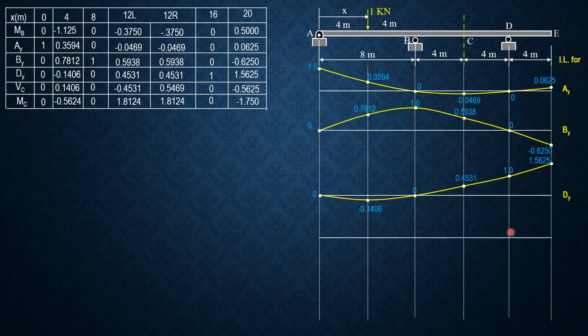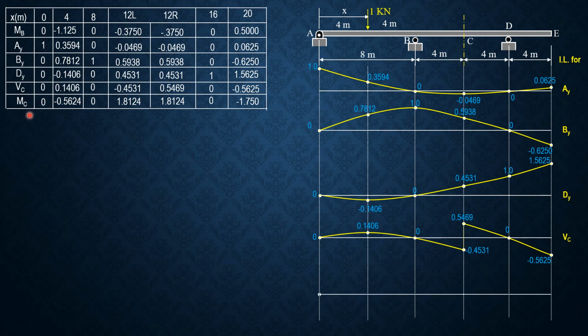Then shear at C begins with 0, 0.1406, 0, negative 0.4531 just to the left of 12, then just to the right of 12, 0.5469, then 0, then negative 0.5625. So that's the influence line for shear at C.